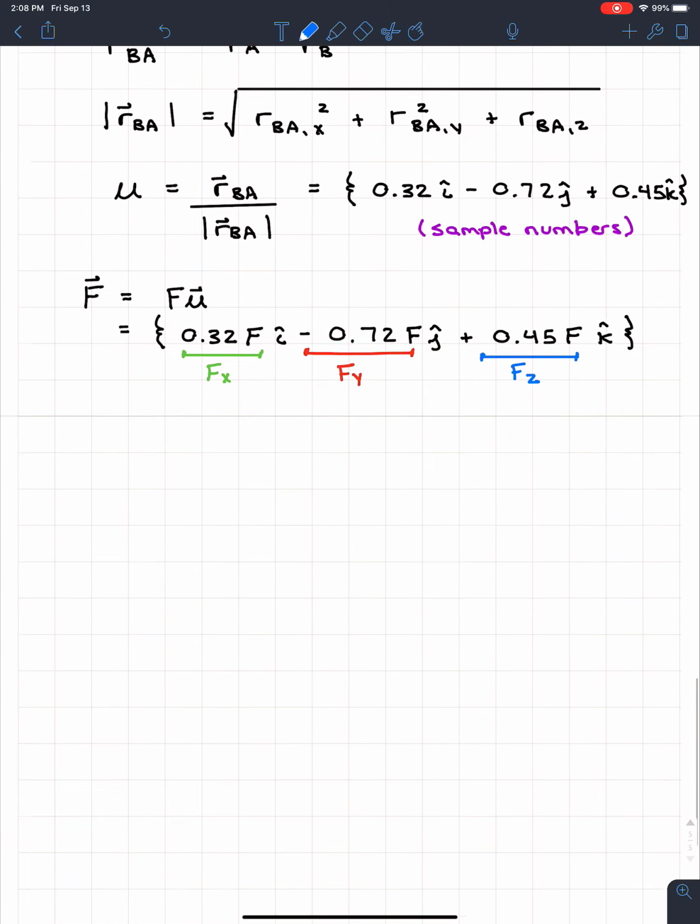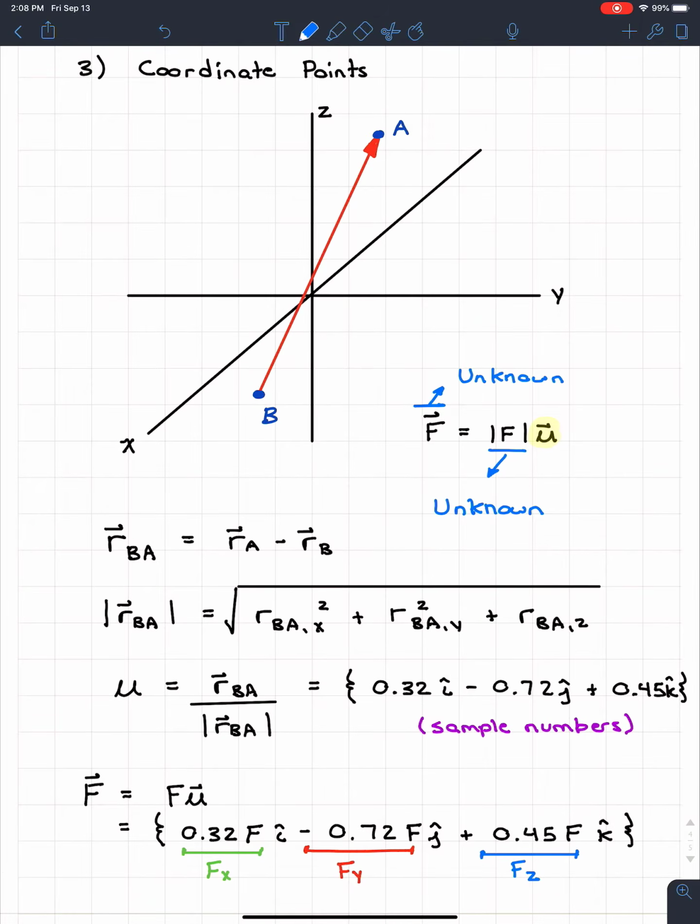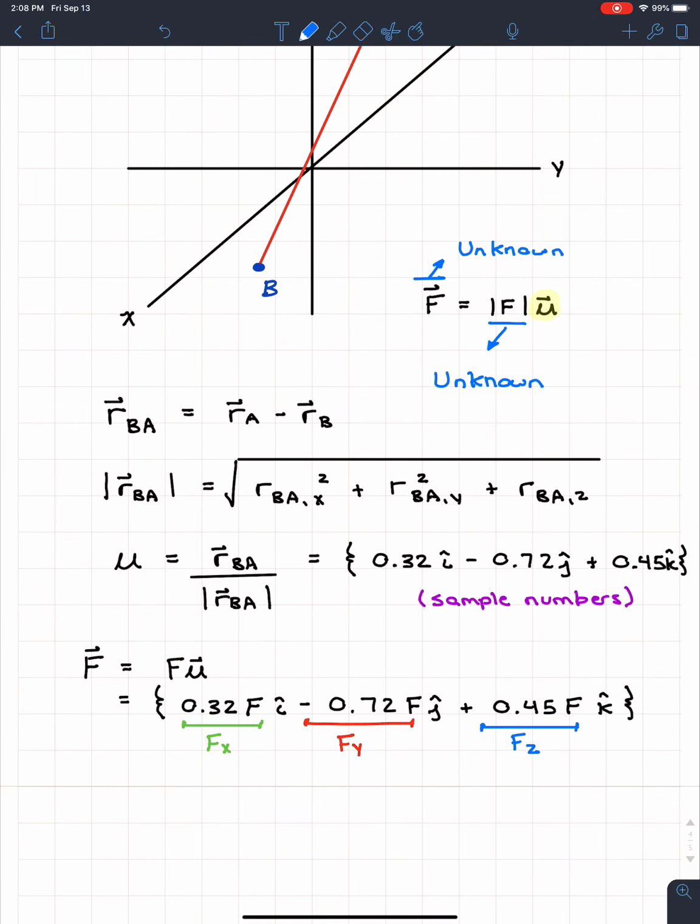Again, it's a very common scenario because it really tests your understanding of position vectors and unit vectors, but also your understanding of why we do Cartesian vector notation. It comes down to we can find the components, but we don't really have a specific formula per se that says Fx is equal to this. What we can do is find our force vector in Cartesian vector notation with the magnitude as a variable or an unknown. And then from there, we can say, okay, that's our Fx, that's our Fy, that's our Fz.